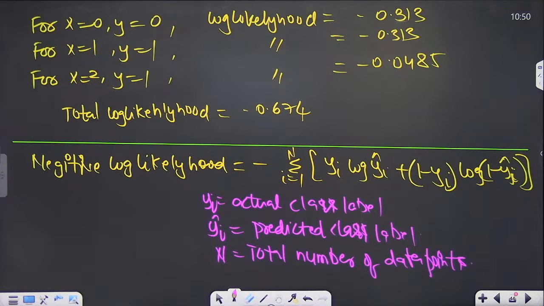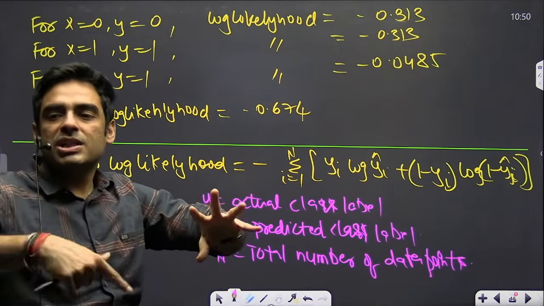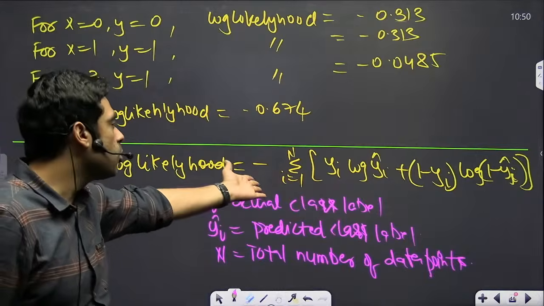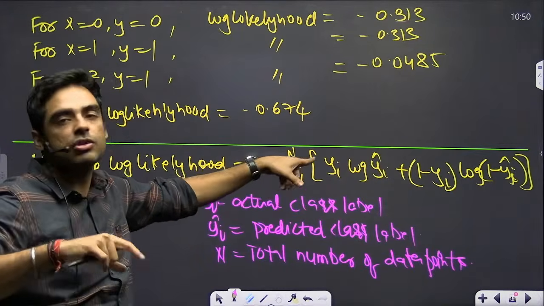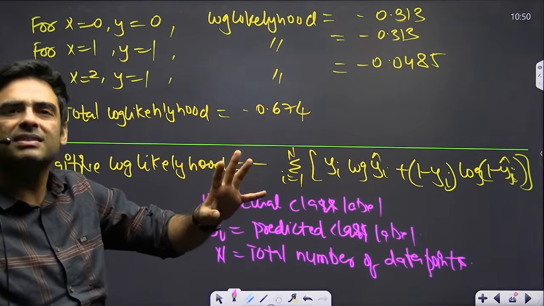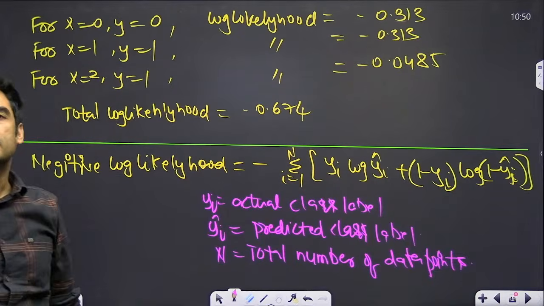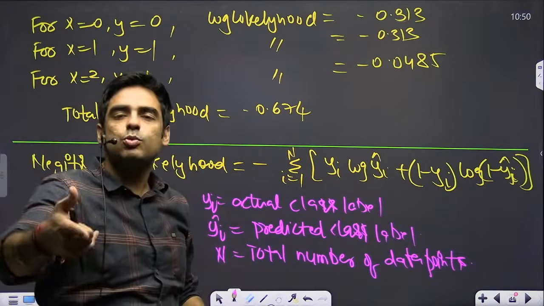If it is positive, the more likely the data is, and negative log likelihood is the reverse of likelihood: how unlikely the data is. Nothing more in either of them. Sometimes a question on negative log likelihood comes, so I have given you the formula; we just have to add a negative. So it is just how unlikely the data is, nothing else. You should just know the formula, as at times questions come.